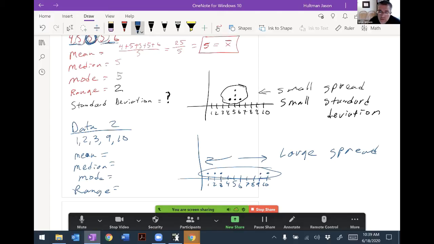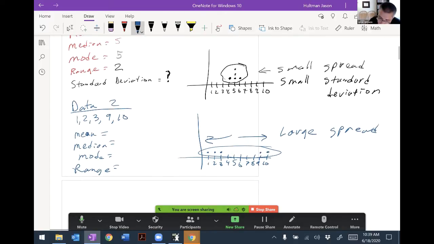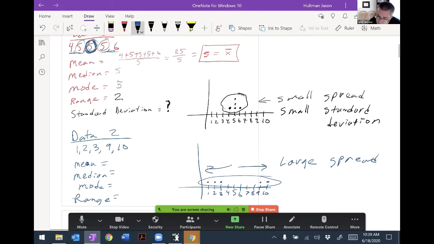Okay, large spread. We're going to use StatCrunch now to find out exactly what that standard deviation value is. This should be smaller. This is going to have a smaller standard deviation, and this is going to have a larger standard deviation.